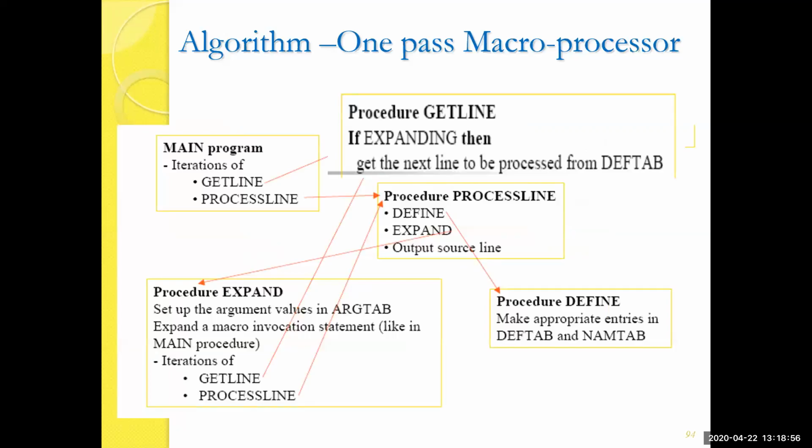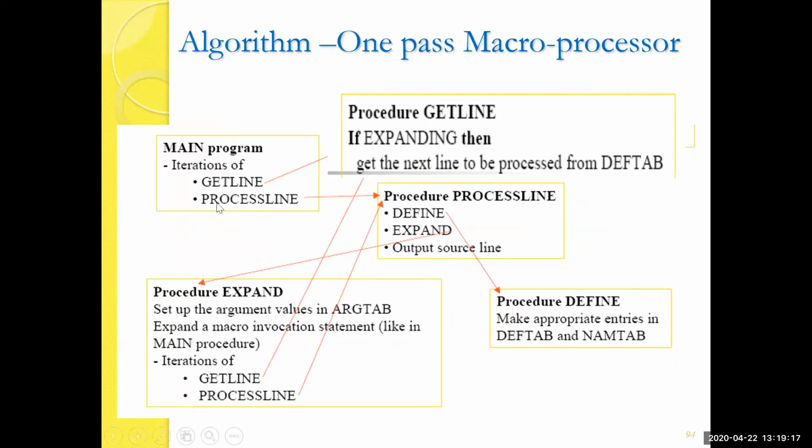The relationship between various procedures is shown in this particular slide. The main program iteratively calls the procedures getLine and processLine, whose function is to fetch the next line and accordingly process it. The iterations end when the end of the source program is reached.